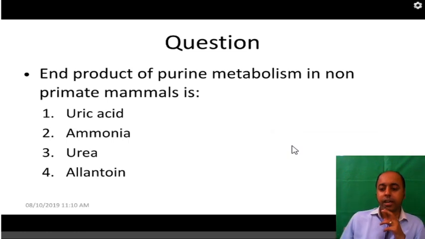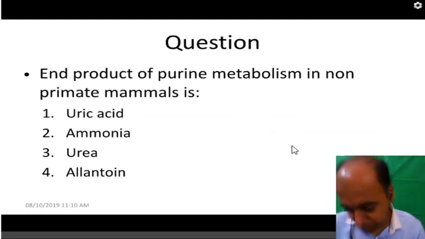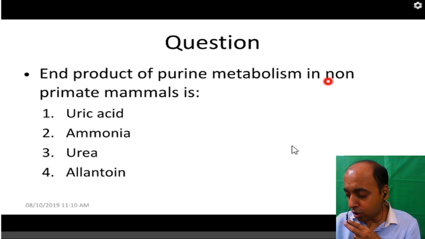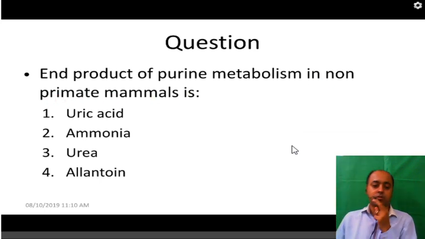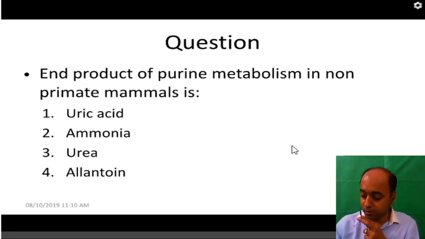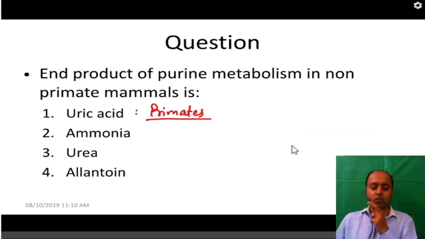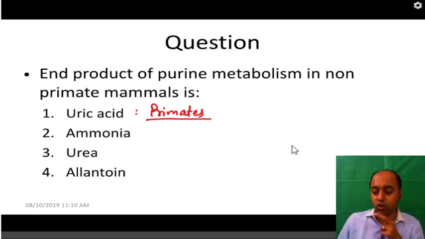Question 1. End product of purine metabolism in non-primate mammals. In primate mammals, it is the uric acid. What about the non-primate mammals?